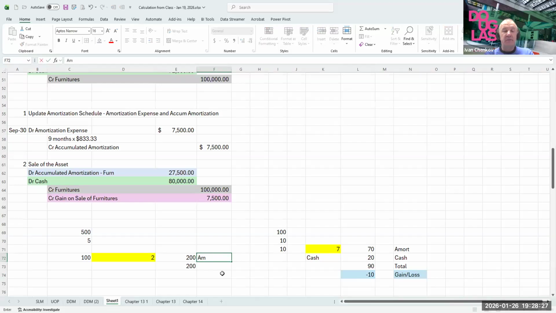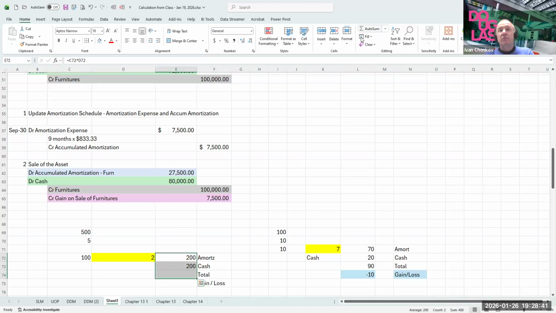That will be your amortization here. That will be your cash. That will be your total. And this will be gain versus loss. Total will be 400. In this case, it will be 400 minus 500. That will be the original cost.